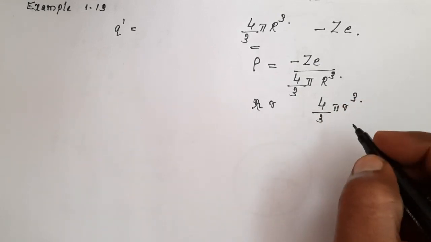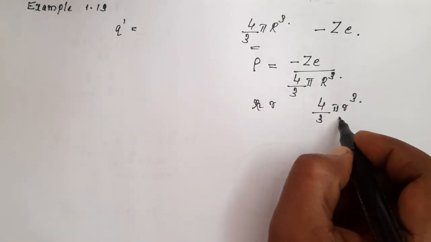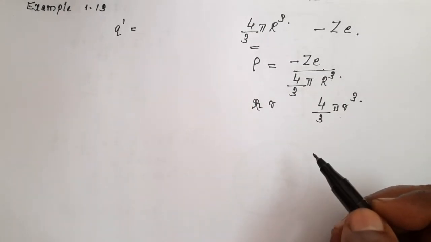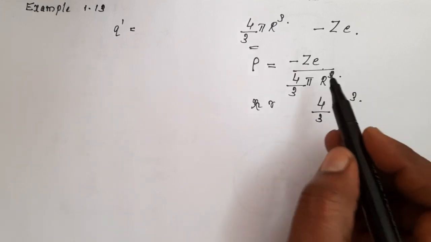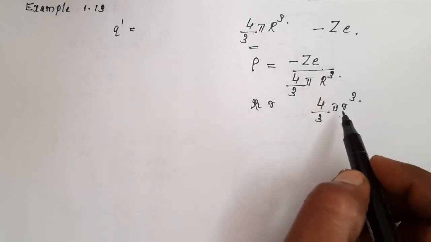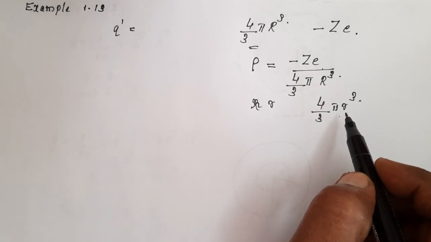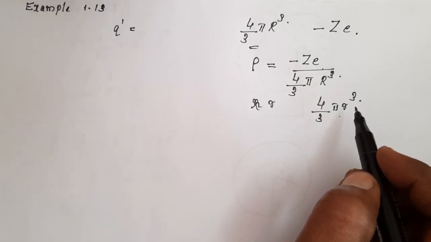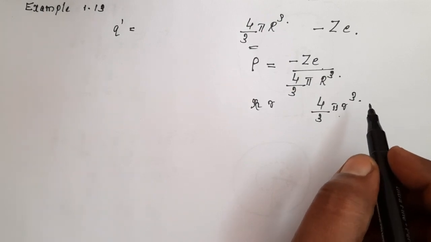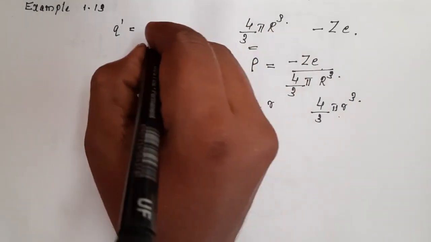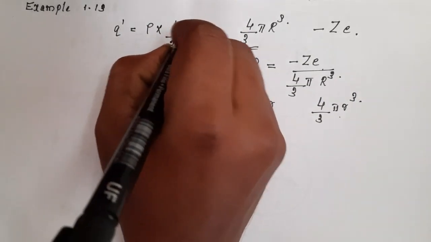Okay. So what will be this Q dash? Q dash will be equal to this volume into volume charge density. Volume charge density means charge per unit volume. That into the volume of the Gaussian surface will give you the total charge in that much volume. Got it? So Q dash is equal to rho into 4 by 3 pi small r cube.